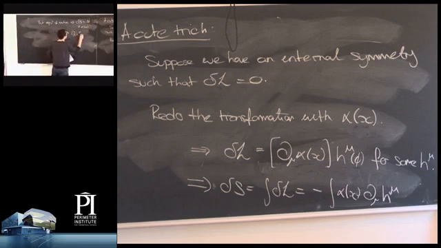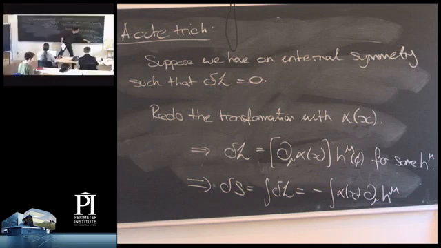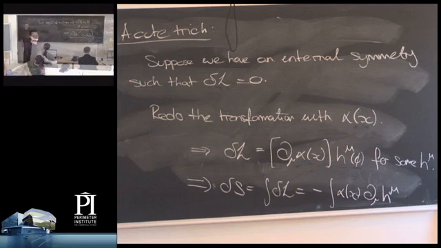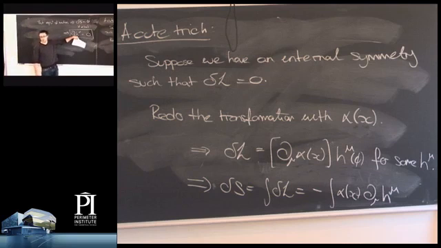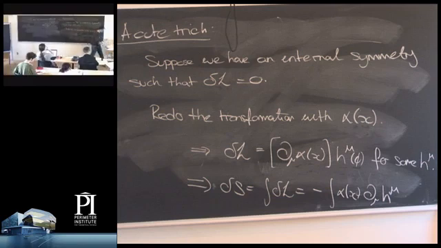And the only way this can happen is if the derivative of h vanishes. Okay? So h is the conserved current in this case. So this is the cute trick. You have some theory.